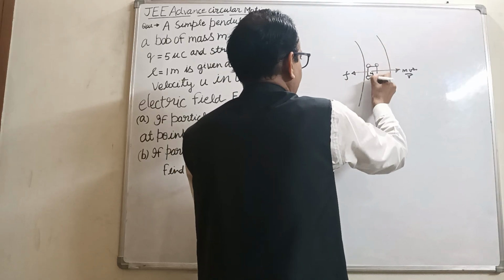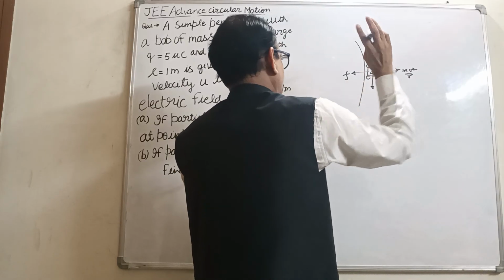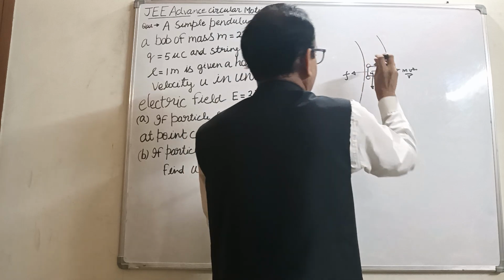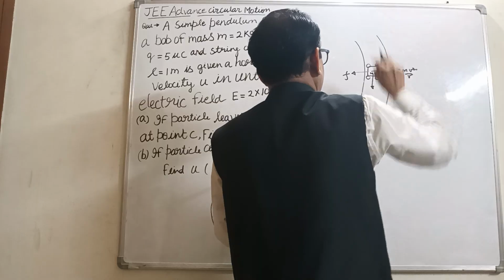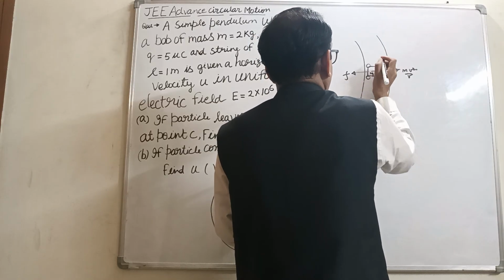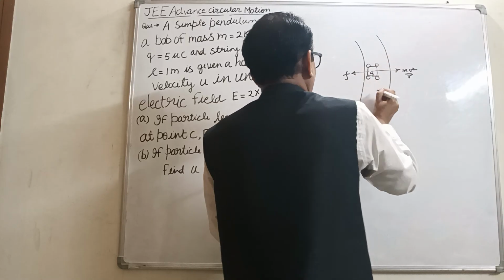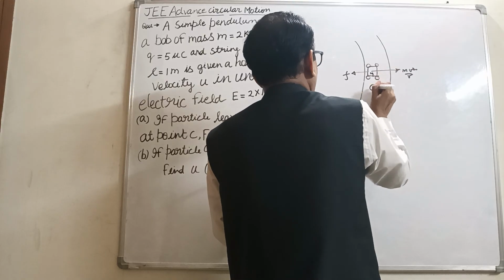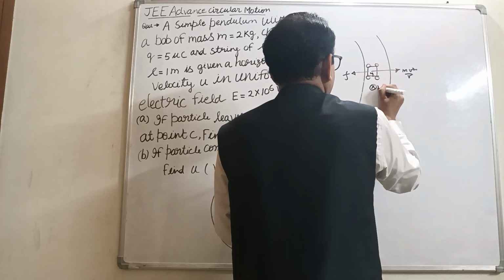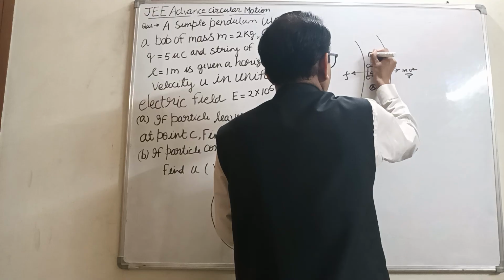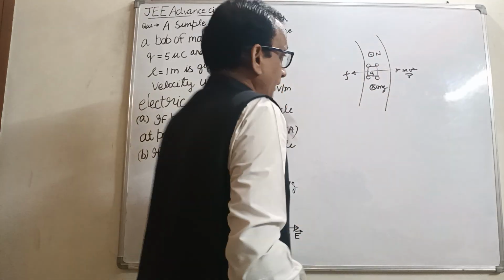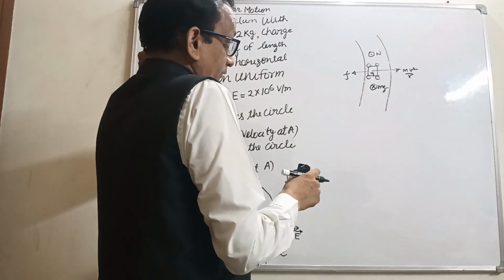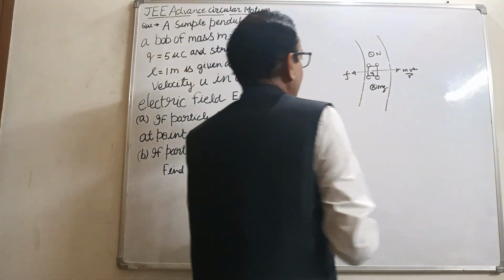So what about mg? Mg is acting downward, and the normal reaction is acting upward. So mg balances the normal reaction.